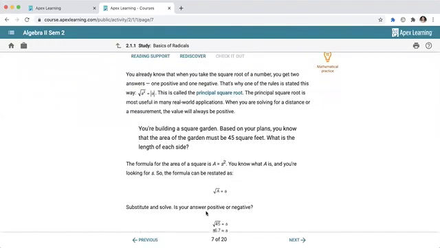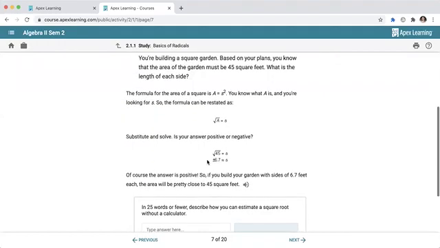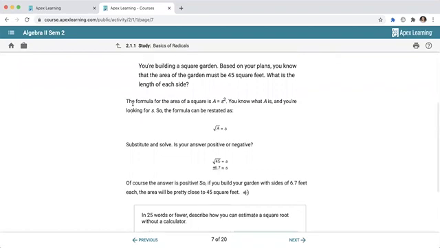Then here, there's a garden example. If we're building a square garden, we've got 45 square feet. So we know that our area has to be 45 square feet, and the question is, what is our side length? When we take our square root, the square root of 45 gives us about 6.7.